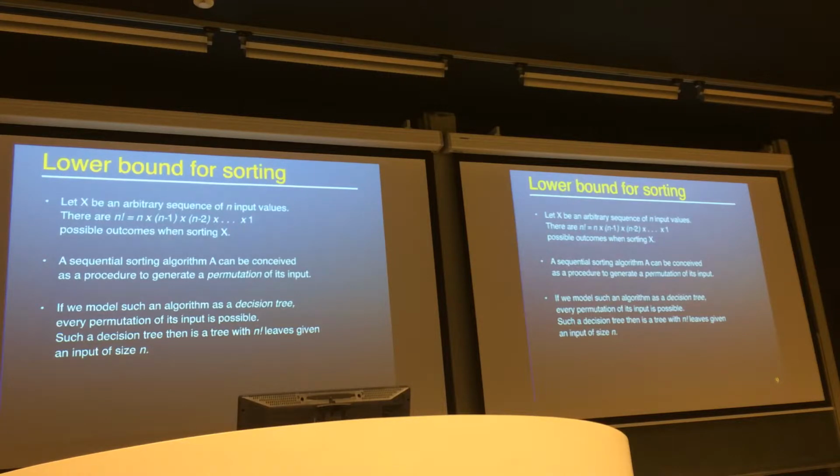So the algorithm really traverses a path from the input to the output, and any of these n factorial possible outputs, that's a sorted variant of the input, should be possible. So we could model such an algorithm as traversing a decision tree.